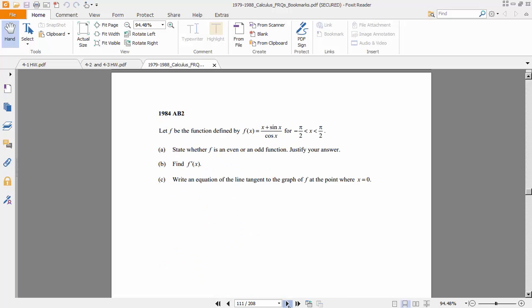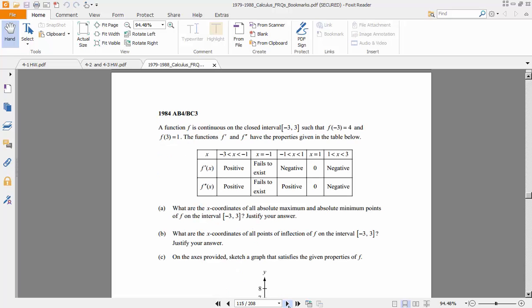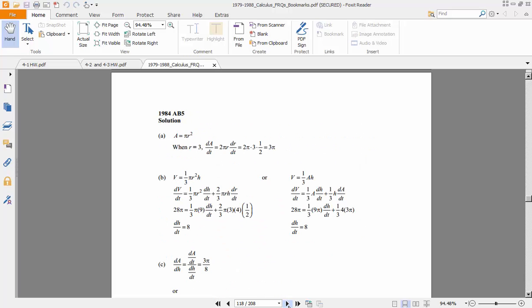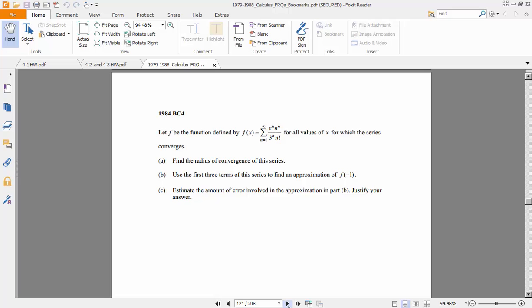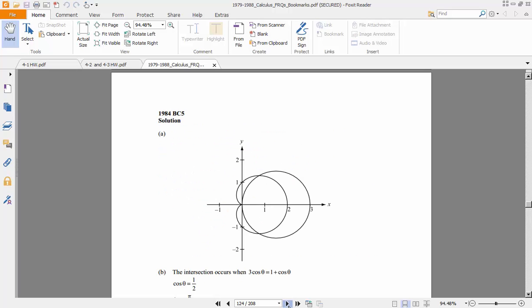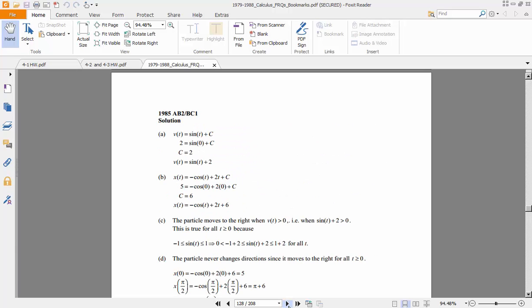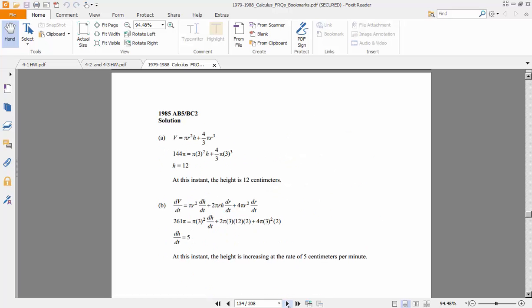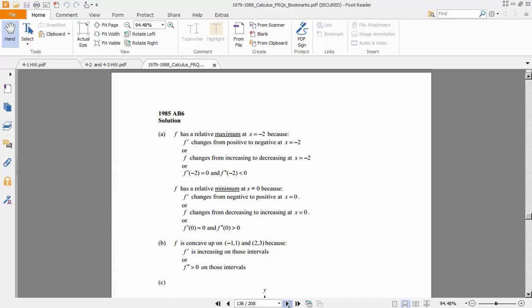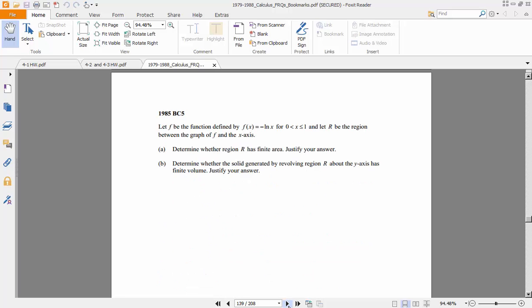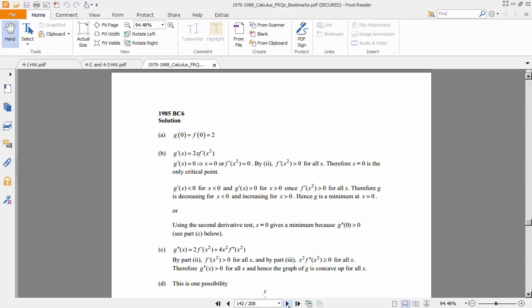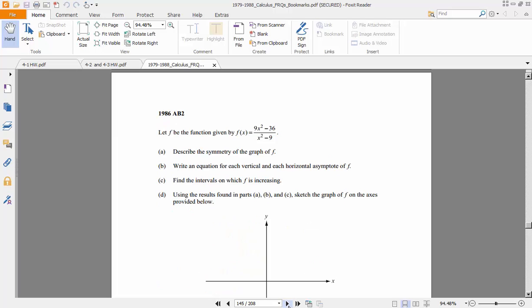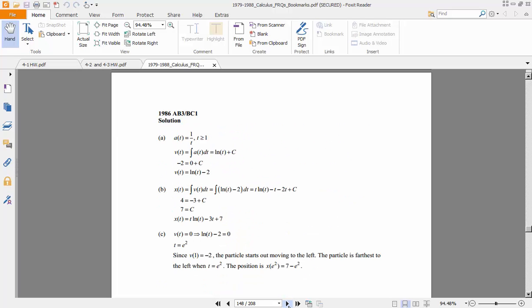I feel like this is a sign, since it's not shown yet. What if the exam was 208 pages? No, it's from the years 1979 to 1988. It's a 9-year exam.